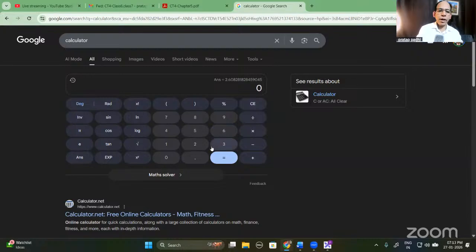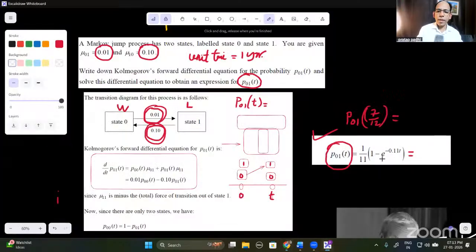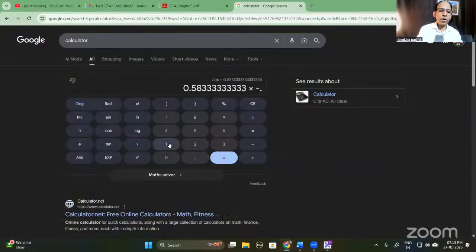So I'll multiply t, 7 divided by 12, multiplied by minus 0.11. So minus 0.064. Okay, I got it.